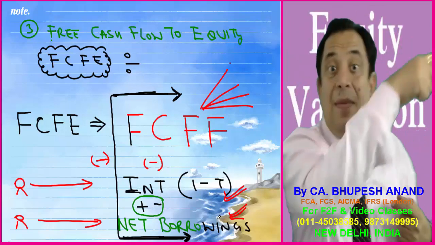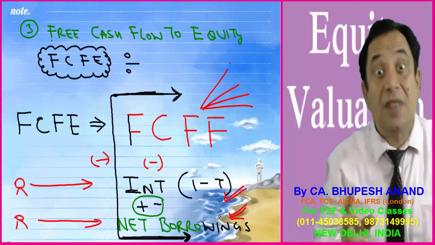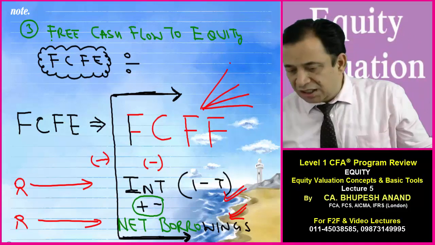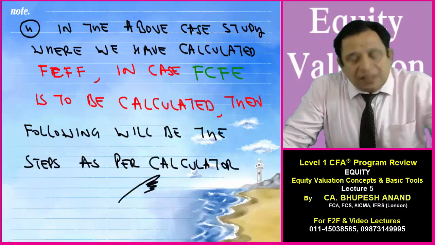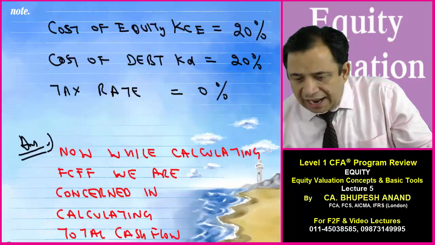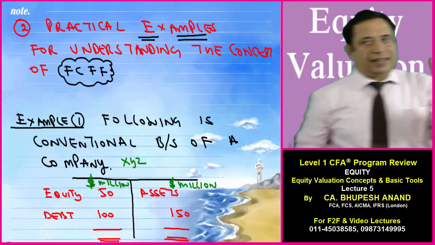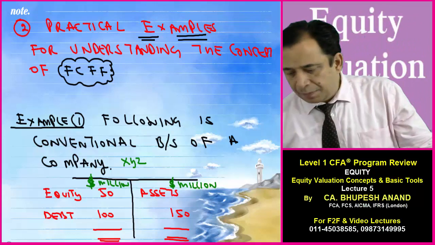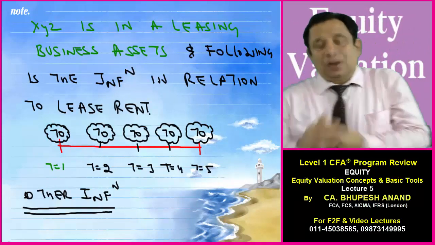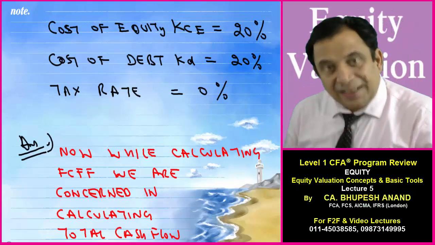I will be using the same example, and I will tell you how we can calculate free cash flow for equity with the help of this. Again, the value of equity will be calculated. So let's start the journey. In the above case study, in which I have assumed the cost of equity, this is the balance sheet, this is the equity, this is the debt, this is the amount of assets, and this company is in the leasing business and is getting rent of this much, and cost of equity is 20%, cost of debt is 20%, and tax rate is 0%.